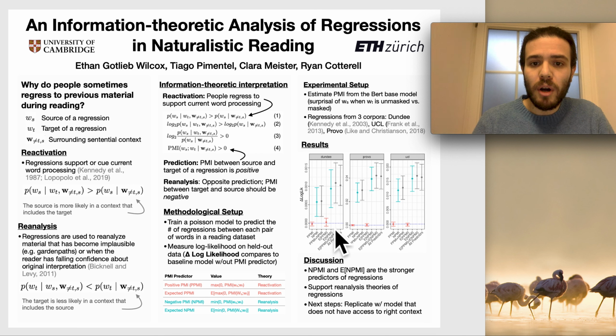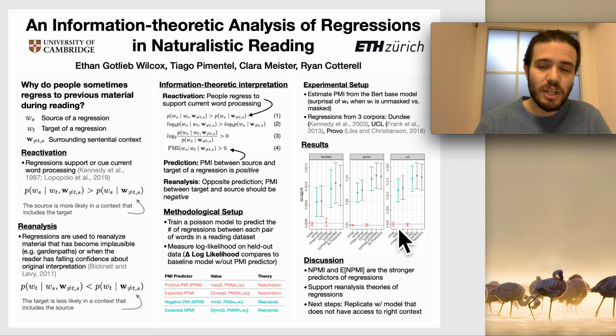The red bars indicate models with positive pointwise mutual information, so the reactivation hypothesis, and the blue bars show negative pointwise mutual information, so the reanalysis hypothesis. Let's start with the positive pointwise mutual information: those bars are not any better than baselines. However, the ones with negative pointwise mutual information show a consistent improvement over baselines.